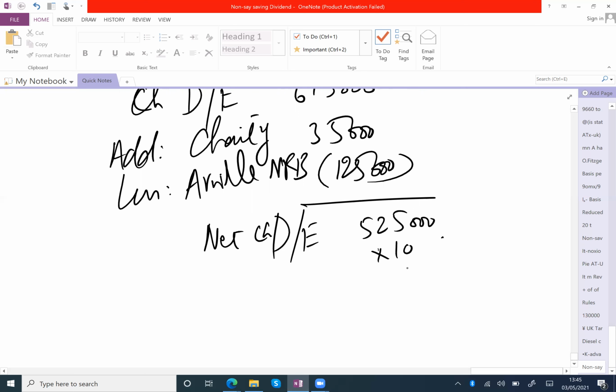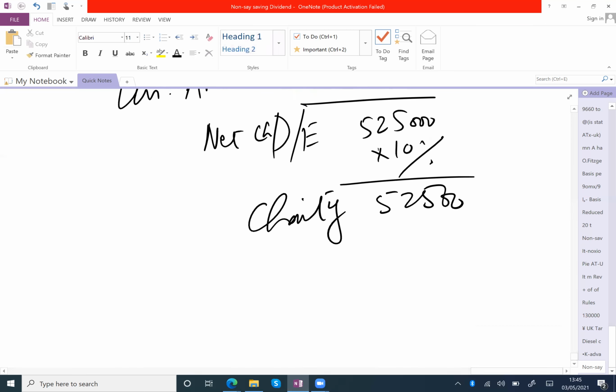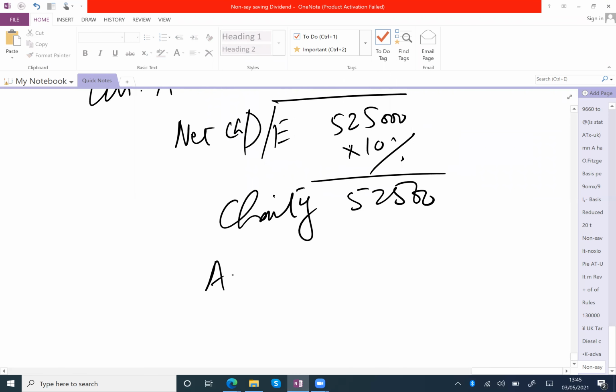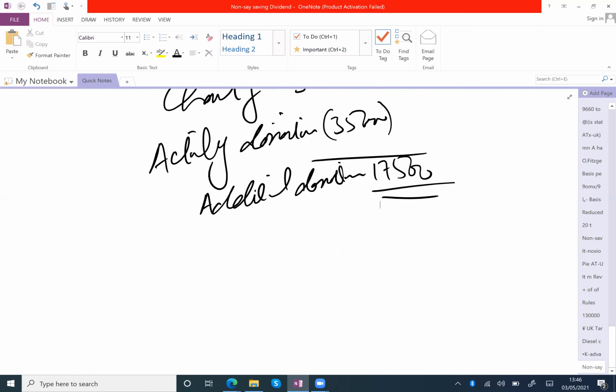If you pay 10% of this amount to charity, meaning 52,500, then you will qualify for the reduced rate of IHT. But actually, how much are you donating to charity? The actual donation to charity in this question is 35,000. So how much additional do you have to donate? The additional donation to charity is the difference of these two amounts. So 17,500 additional, if you donate that to charity, then you will qualify for the reduced rate.